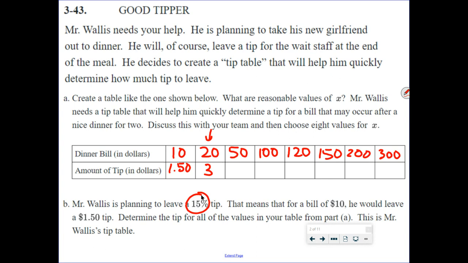Try it on your own, and then we'll go over it. If you notice, it's already the value I gave you on the table, right? 10% would be 5. 5% would be $2.50. So add those two up, you get $7.50. Actually, I guess we didn't have that one on there. Okay, I do want you to now pause the video and try to find the remaining 15% of those values right there. Got it? When you're done, unpause it and we'll check it.